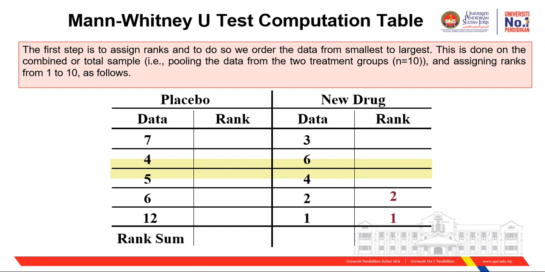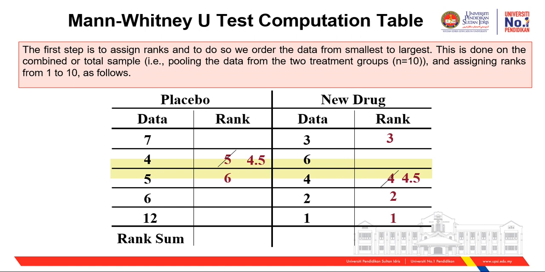And next smallest is 3, rank number 3. Next smallest is 4, but we have two of them here. In placebo, we have data 4 and data 4. As usual, if the data is the same, we rank it 4, 5, and then you need to take the average. 4 plus 5 divided by 2 is 4.5, because the data is the same, which is 4.